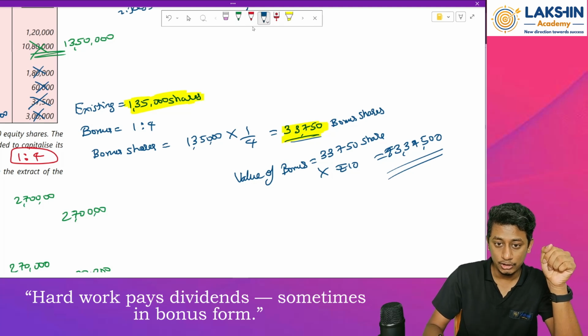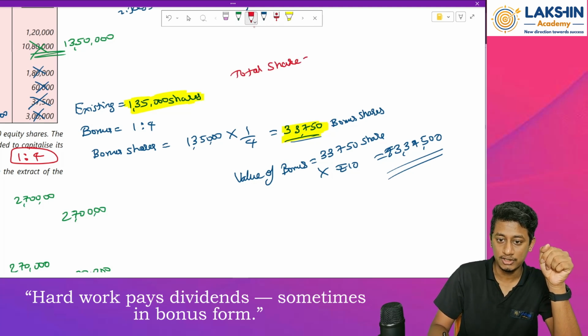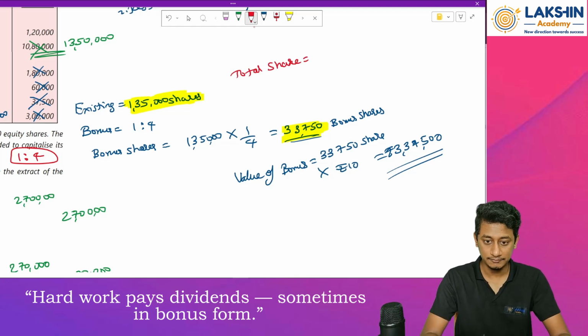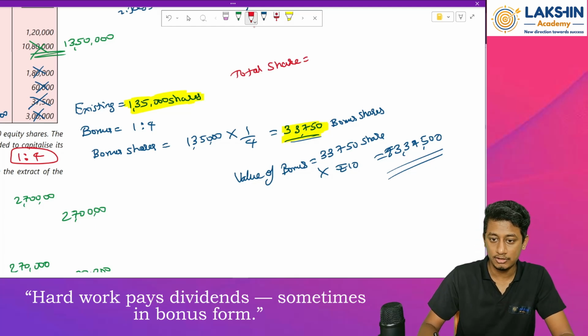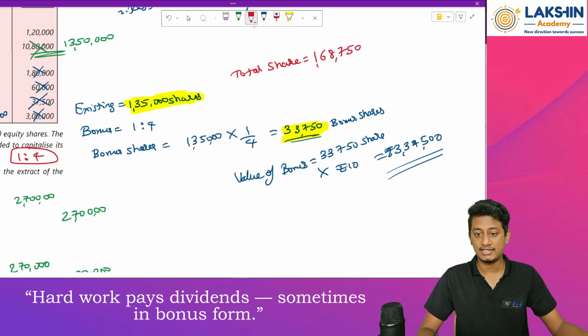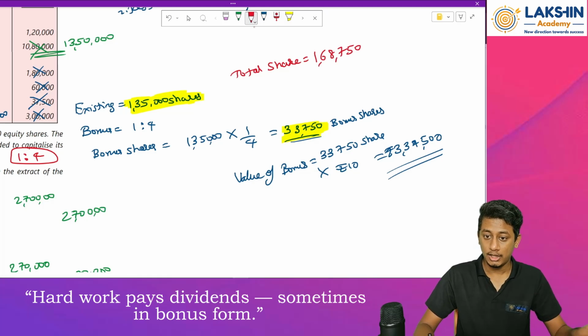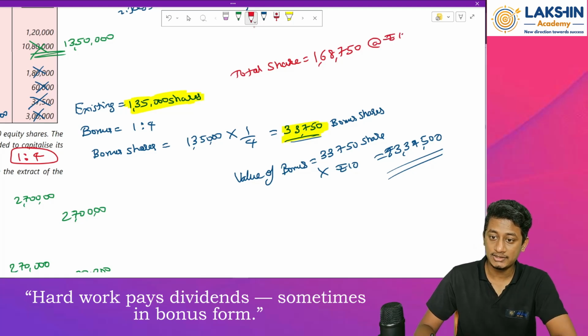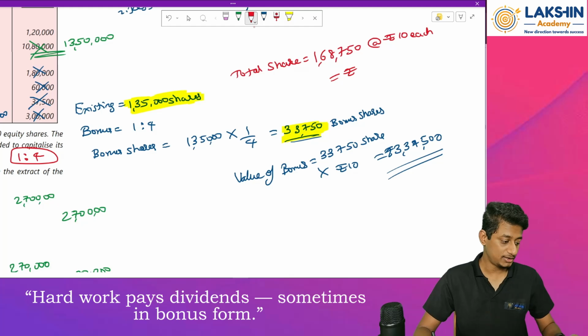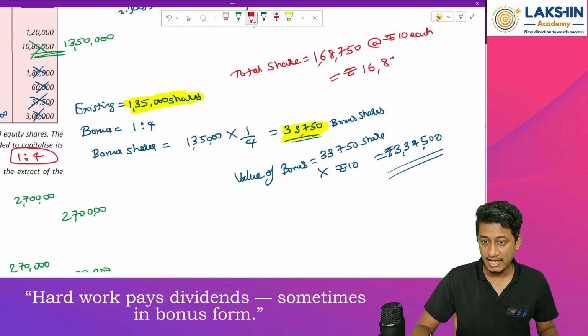So total shares after bonus issue is equal to 1,35,000 plus 33,750 equals 1,68,750. What is the value at the rate of rupees 10 each? So what is the value in rupees? 16,87,500.